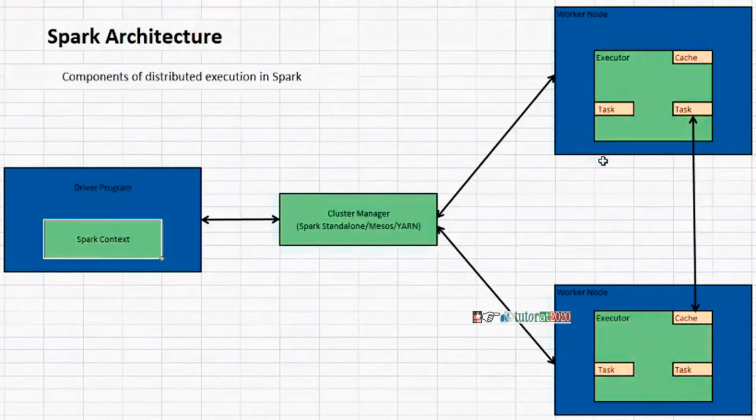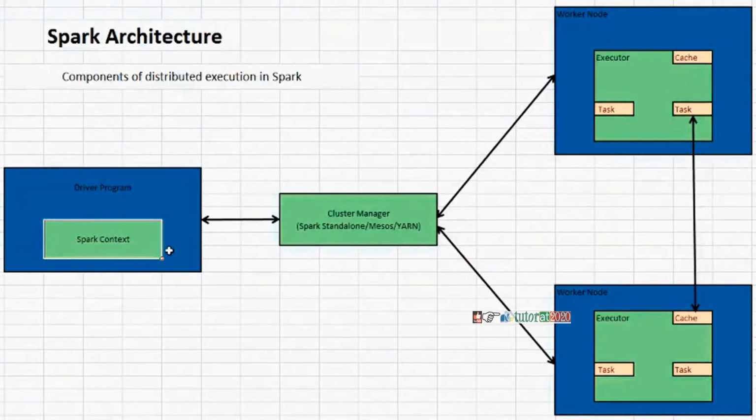So if you're running this application on a Hadoop cluster, the Yarn cluster manager would allocate sufficient resources on, say, two of the nodes of this Hadoop cluster, which we can call worker nodes.